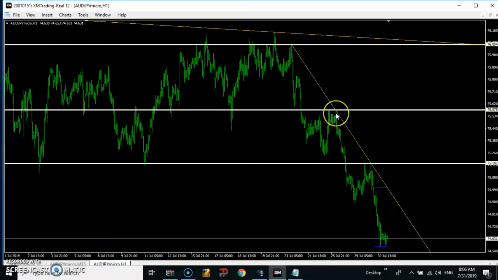Then it will do another 100 pips drop between this line and this line. It's almost 100 pips, but look at the moves. 100 pips drop. Then this was the previous low of that time, which became the top of now.